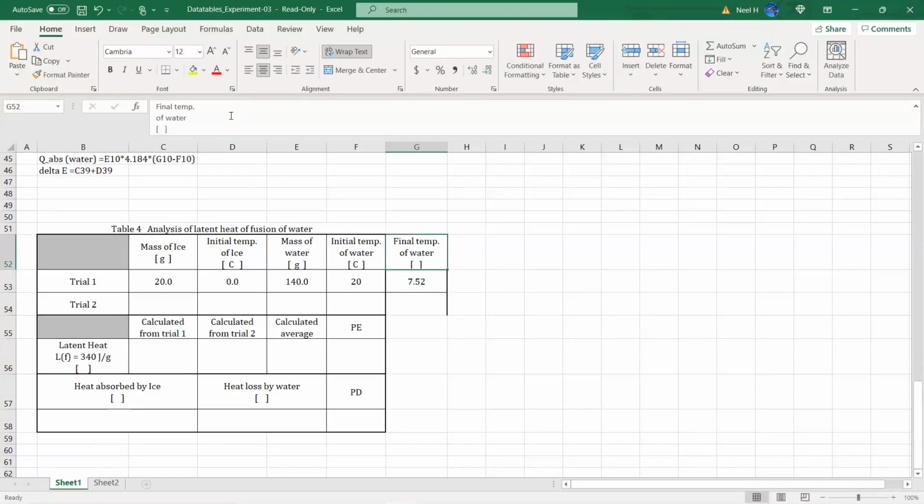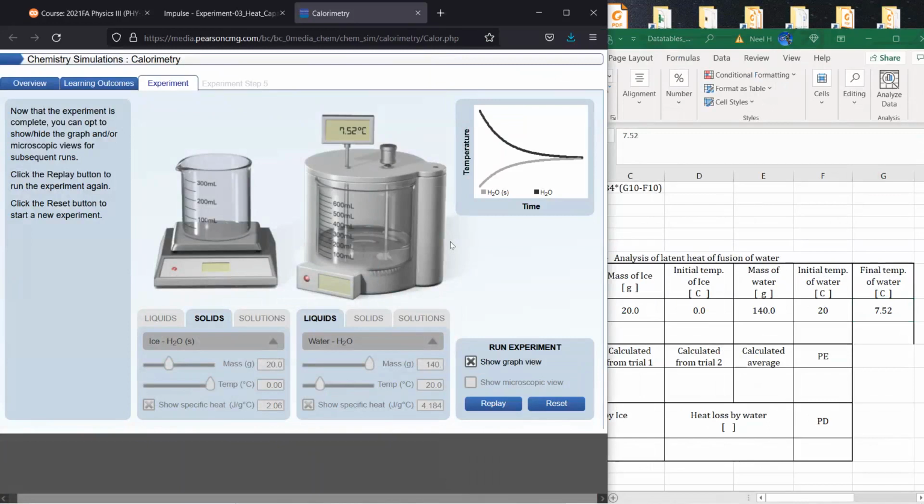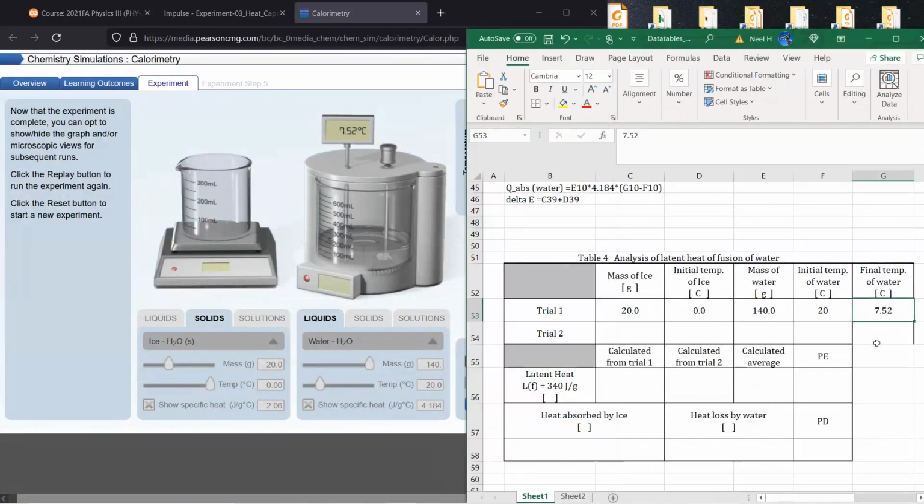You can use any, it doesn't matter. I changed the initial temperature of the water to 20 C. That's how I started. If it is 31 when you're starting, you can leave it like that. That's okay. But make sure you use the right numbers, otherwise the calculation will not give you the right answer, okay?